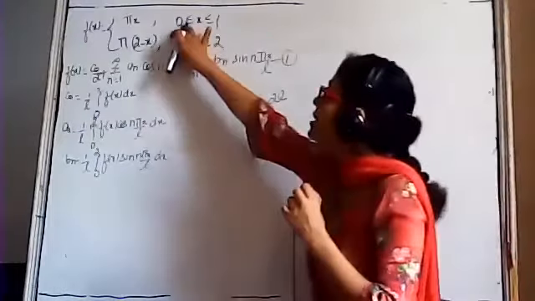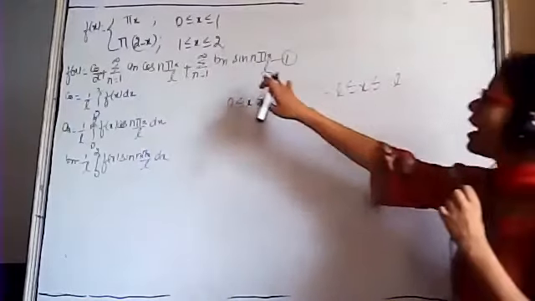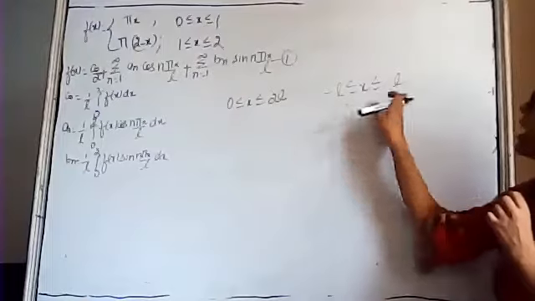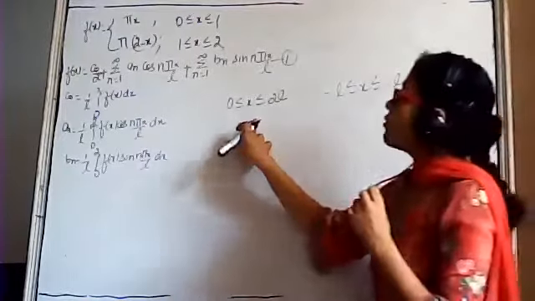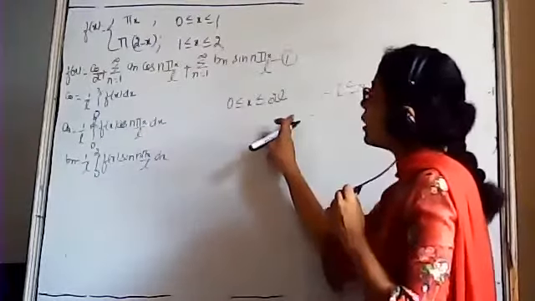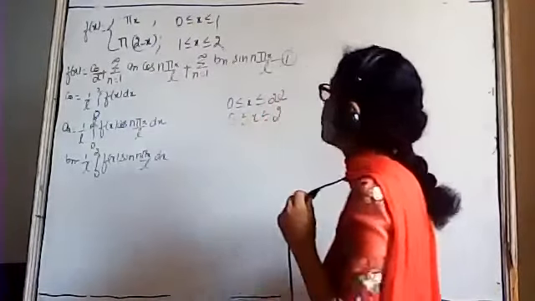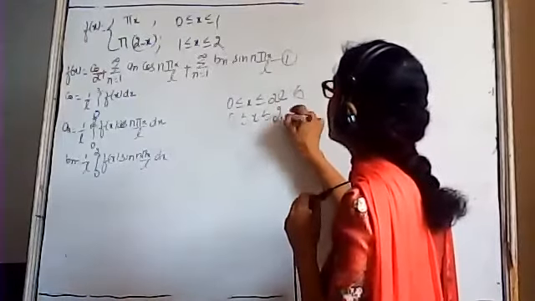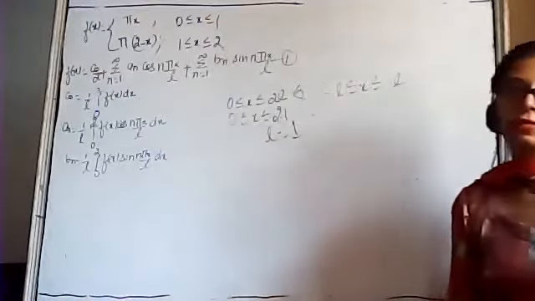You can't compare 0 to 2 with minus L to L, as in that limit we have the same limit with positive and negative sign. We have to compare this limit with 0 to 2L. We have the total limit as 0 to 2. If we compare these two limits, it can be written as 2 into 1. So the value of L is equal to 1.